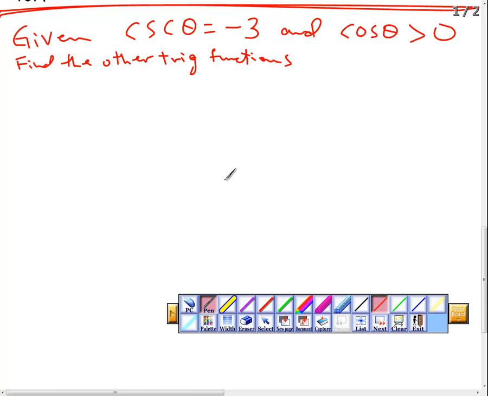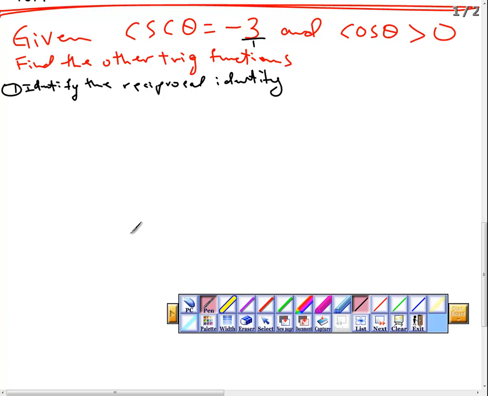Now here you have to look at, first of all, cosecant negative 3. When you see an integer like this, it helps to put it over 1. Another thing is we want to identify the reciprocal identity.